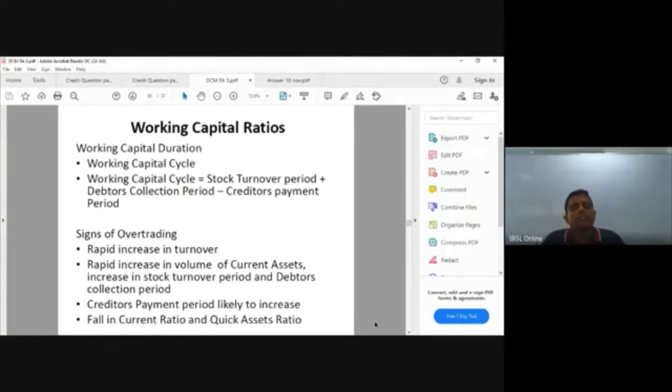Now, after taking those three things, that is inventory turnover period, debtors collection period, and creditors payment period, those are interlinked to each other, because when you are to produce stocks, you have to take purchases, right?